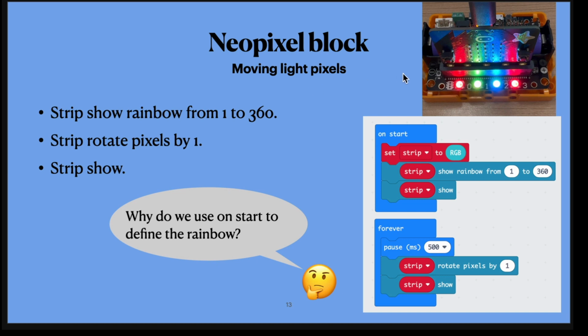If you would like to make a moving light pixel, this is what you have, and then forever, so you will just move it like this. On start we have this one, and then when we rotate it, this color goes to this one, green goes to this one, blue goes to this one, and this one goes back to this position.